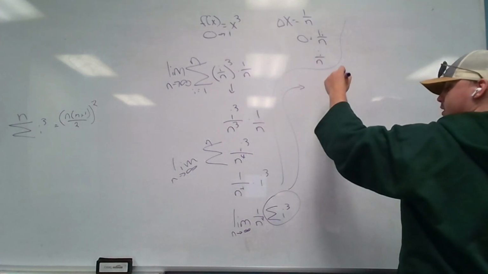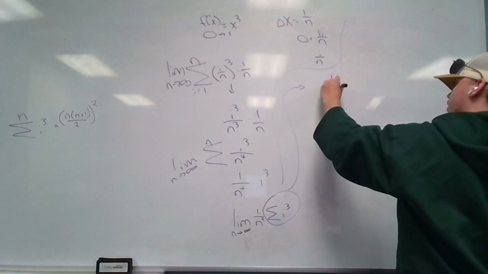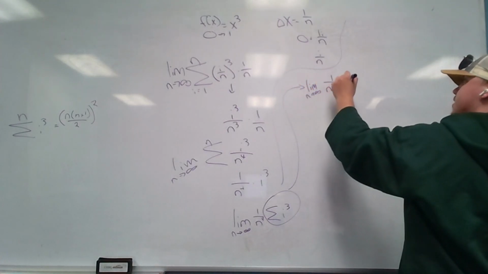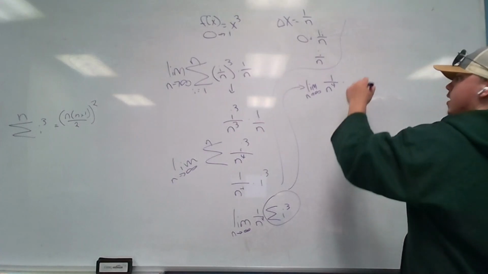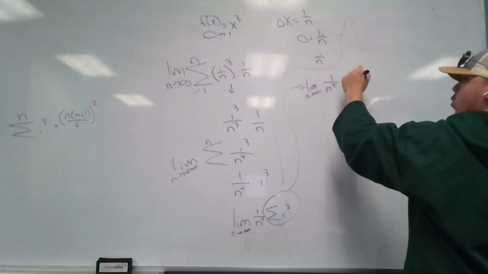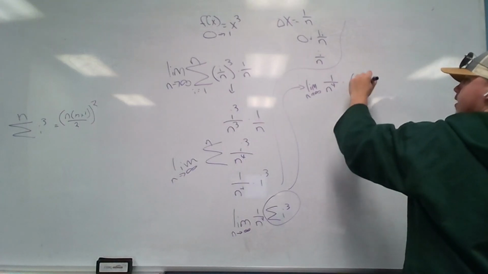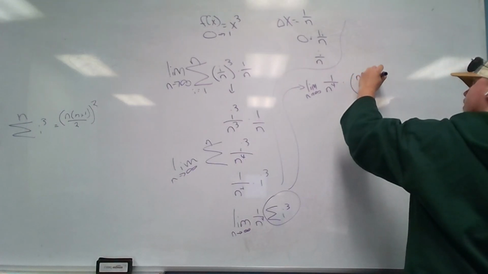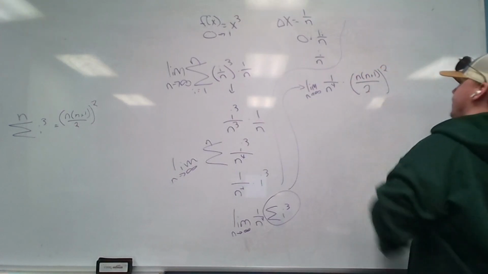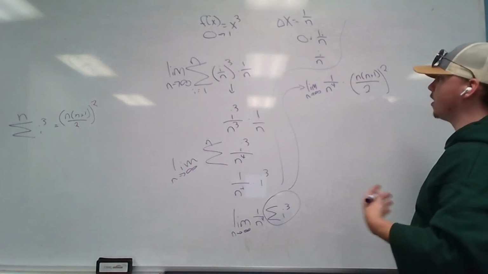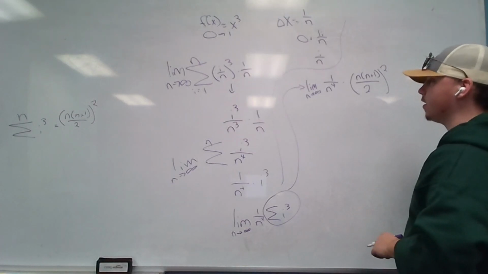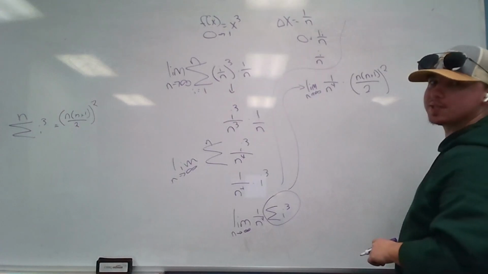We get the limit of 1 over n to the fourth times n times n plus 1, squared. And then all we have to do is evaluate our limit for n. It's as simple as that. I really hope this is a valid function. Oh wait, it is.